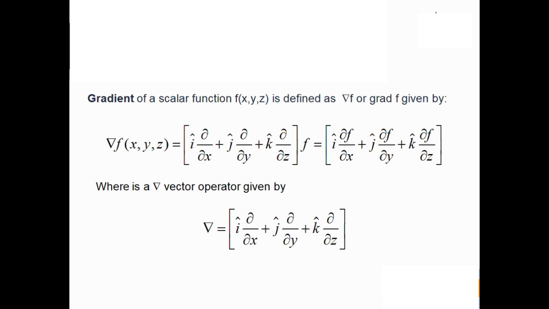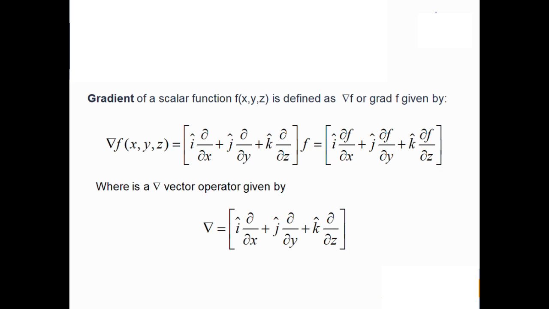It's also called nabla, and this is the inverted triangle symbol that is used for del. This operator can operate on vectors and scalars in various ways, and when it acts on them, the result would be either a vector or a scalar depending upon how it is acting on that particular function.